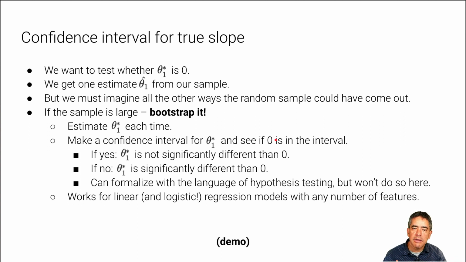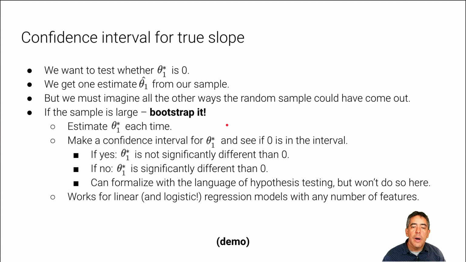So what we would like to know is what would happen if we had access to many more samples. And so if our sample is good enough to be representative of what we think is happening in the real world, we can use the Bootstrap on it, fit our model, and provide our estimate for theta 1 star, which is theta 1 hat.